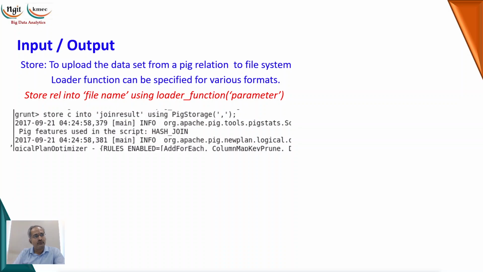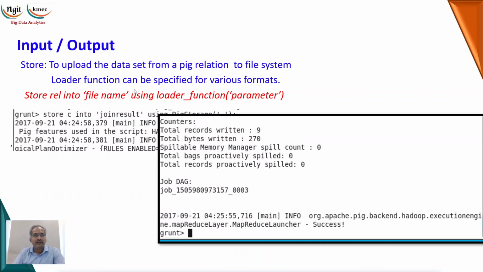We are writing the data onto secondary storage, so that it will be written back to the HDFS in the given file name. The given file name will be written, and it will give you total records written is 9, total bytes written, and some statistics. This is the loading and storing. Load, store. This is for input, output.